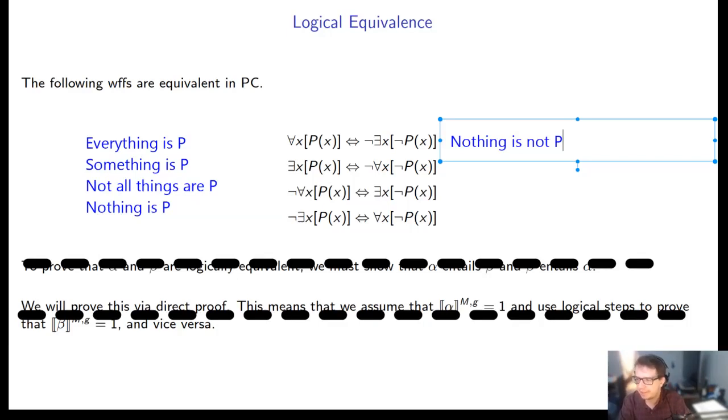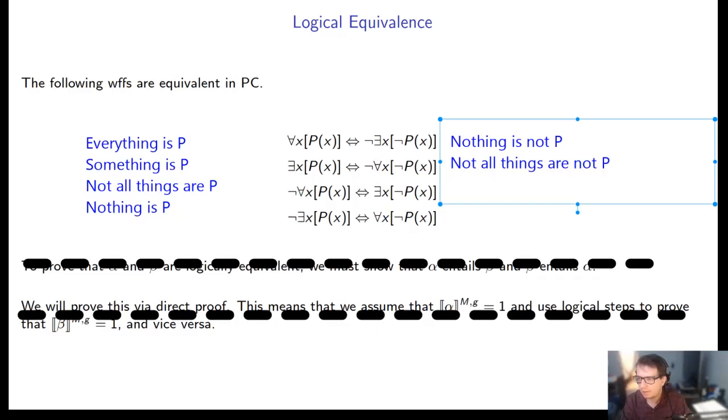So all X PX is the same thing as there does not exist an X such that is not PX. Something is P is the same thing as saying that not all things are not P. So if something is a dog, then not all things are not dogs.